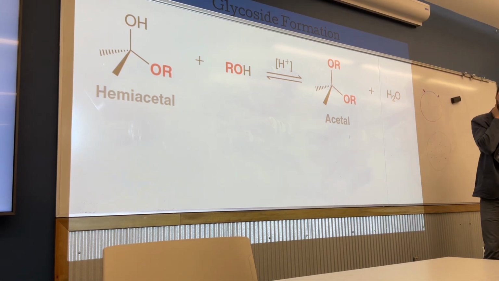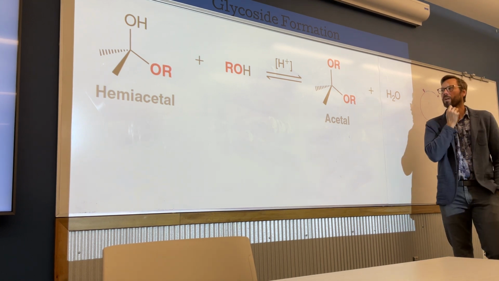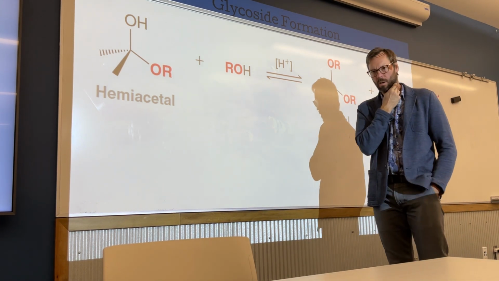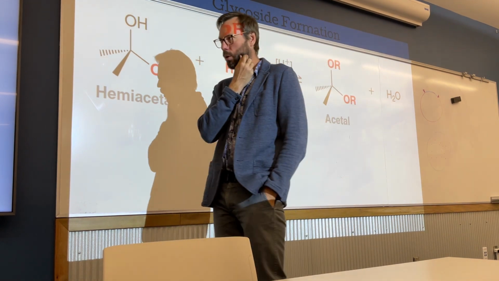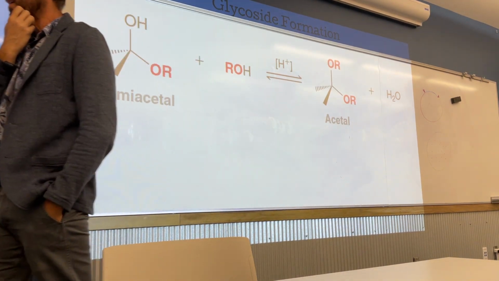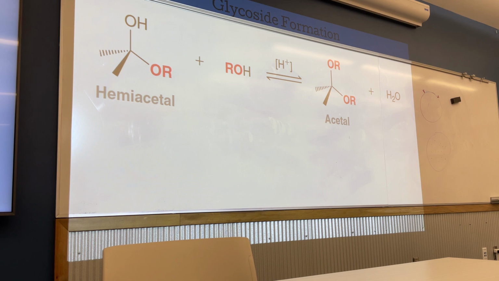The other thing that's important is talking about the formation of these rings. All right, we talked a little bit about that. How do we close that ring up? Does it make a hemiacetal if it's an aldehyde, or an acetal if it's a ketone?